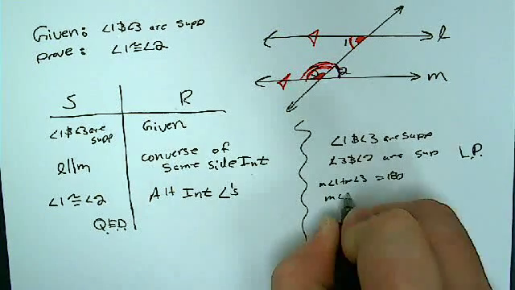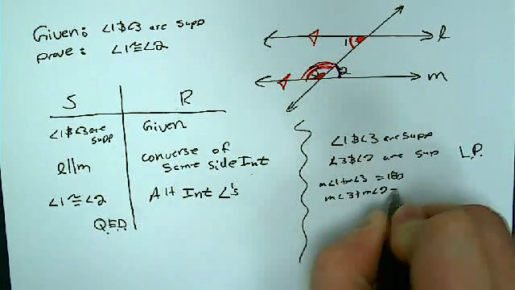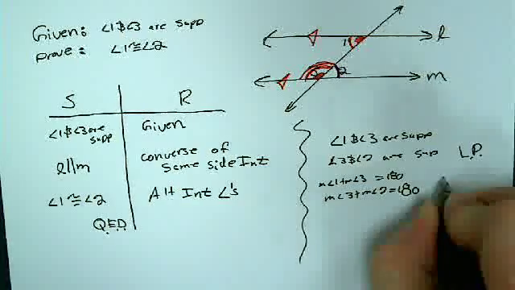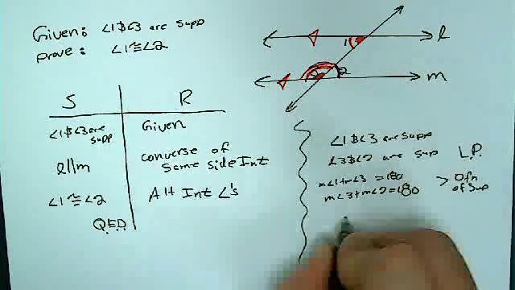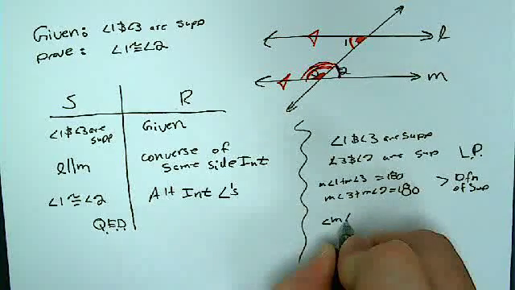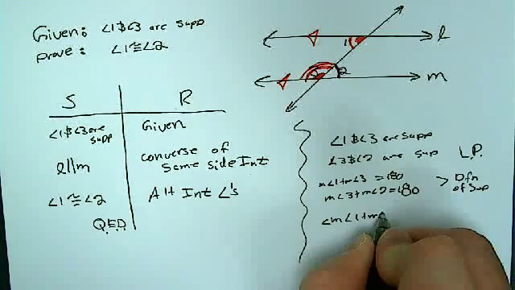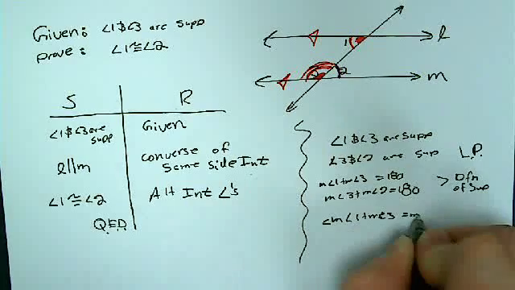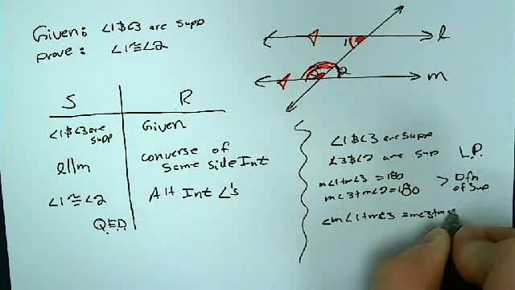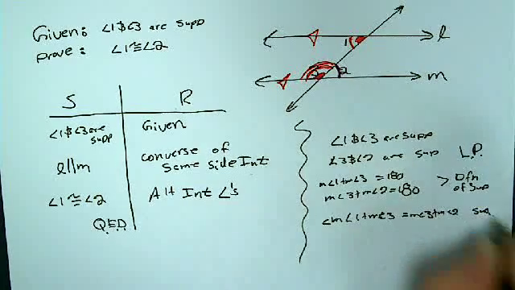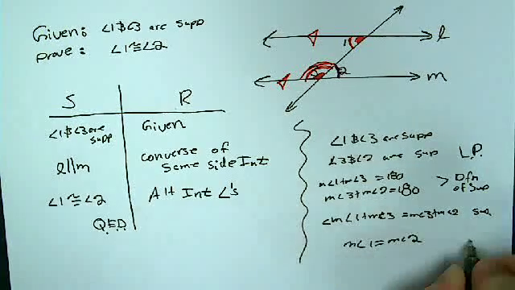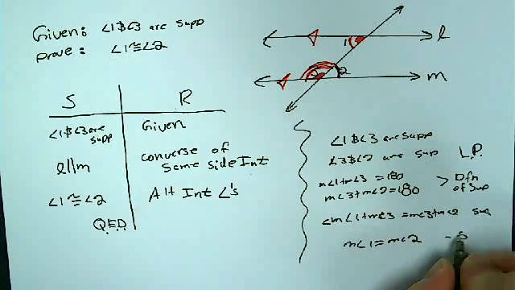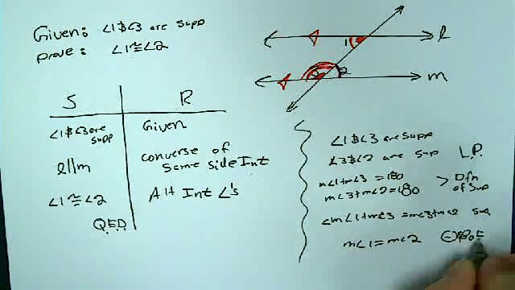Measure of angle 3 plus measure of angle 2 equals 180. Definition of supplementary. Measure of angle 1 plus measure of angle 3, measure of angle 3 plus measure of angle 2. Substitution. And subtract it. Measure of angle 1 equals measure of angle 2. And so that's the subtraction property of equality.